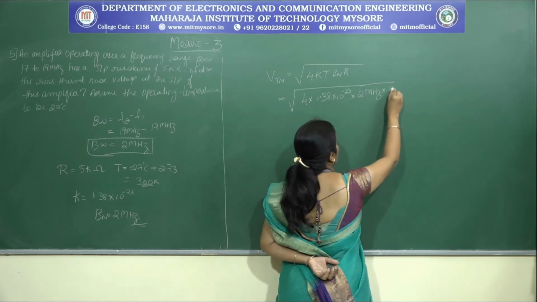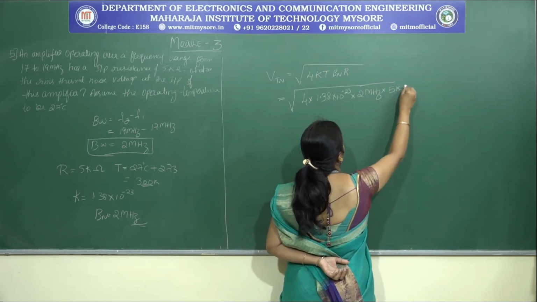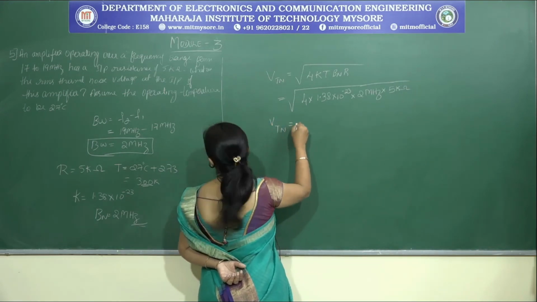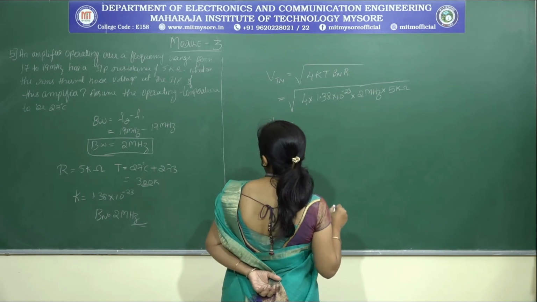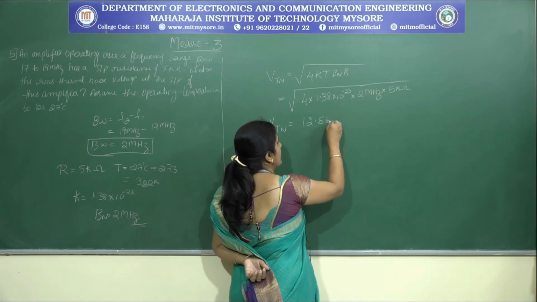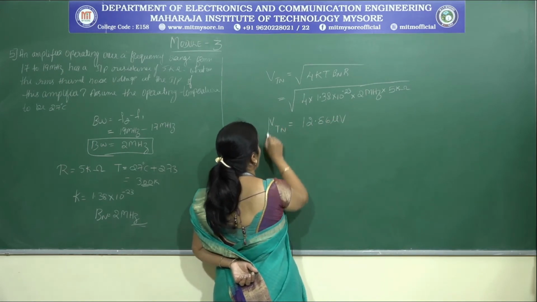We have 5 kilo ohm. So after solving this, we are going to get the thermal noise voltage 12.86 microwatt.